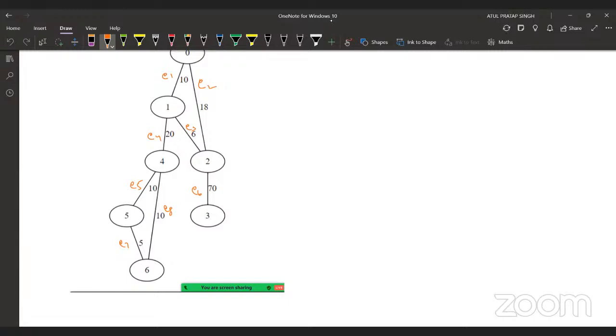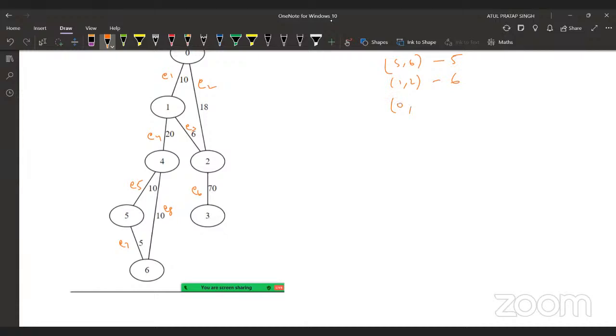So which one is the smallest weight? It is 5 to 6, which is 5, and the next smaller is 6, so 1 to 2 is 6. Next is 10. There are two, so we can mark any.